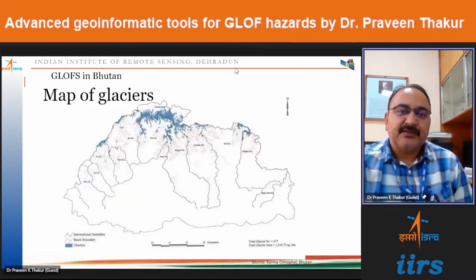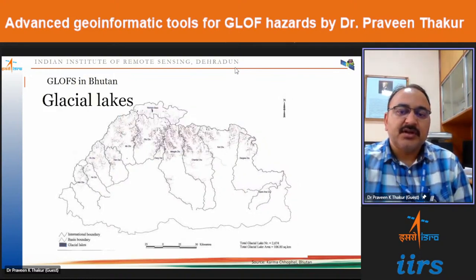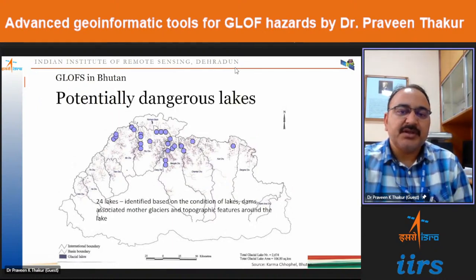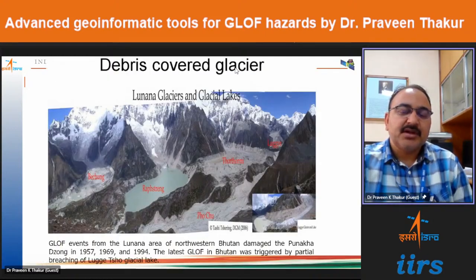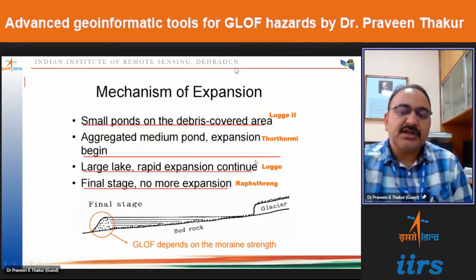Then for GLOFs in Bhutan also, there are a number of glacial lakes, more than 2,600. Out of these, 24 are the main glacial lakes which are prone to glacial lake outburst floods. And this is the debris glacier cascade of glacial lakes found in the northern Bhutan region, and they have shown three GLOF events from 1957 to 1994.